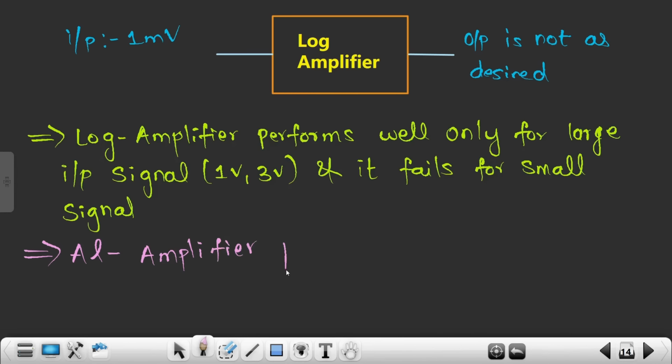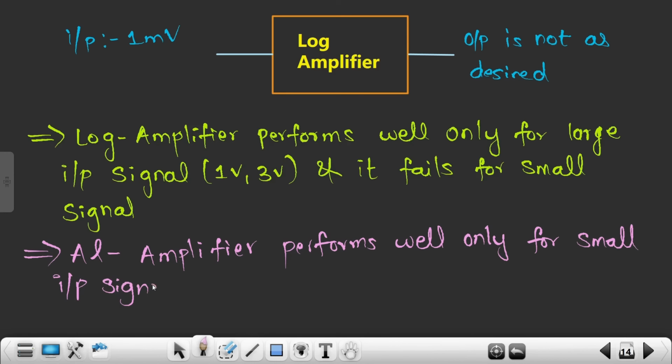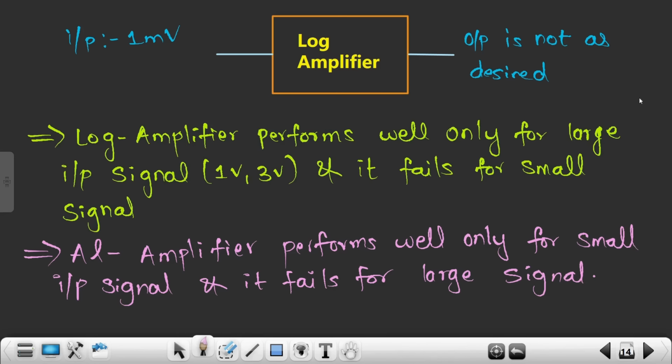It performs well only for small input signals, and it fails for large input signal. I hope that you are able to understand this particular point. Don't worry, I'll explain this point in the anti-log amplifier video when we will focus upon that.